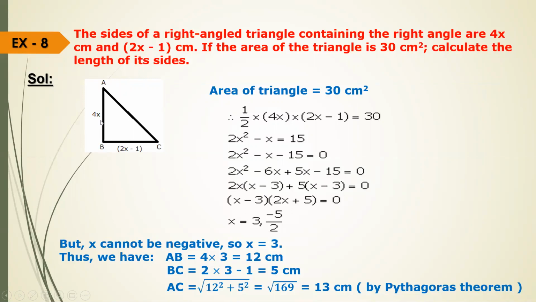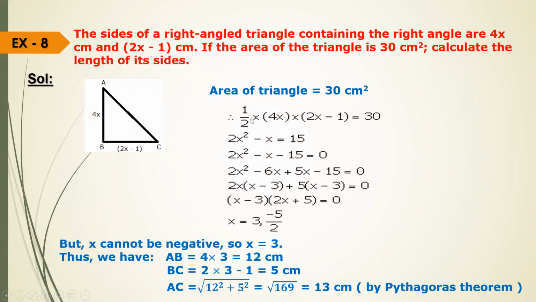If you write 2x minus 1 here and 4x here, then also you will get the same answer. As we have to apply the area of the triangle, and the area of a right angle triangle is half base into height. So using half base into height, the area of the triangle is given as 30 centimeter square.